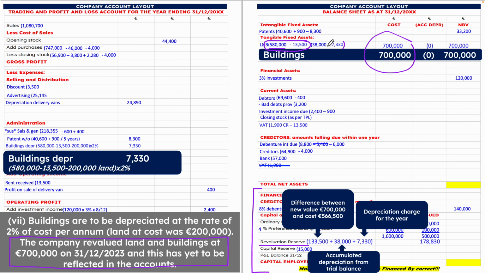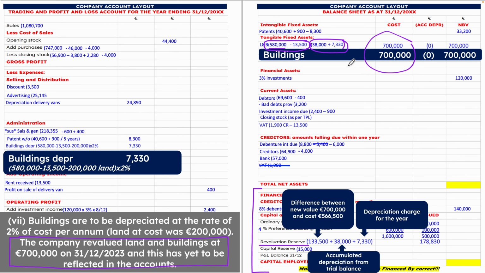The second figure is the figure from the trial balance, the 38,000 accumulated depreciation, and the third figure is the depreciation charge for the current year. Okay, so that is the revaluation reserve.